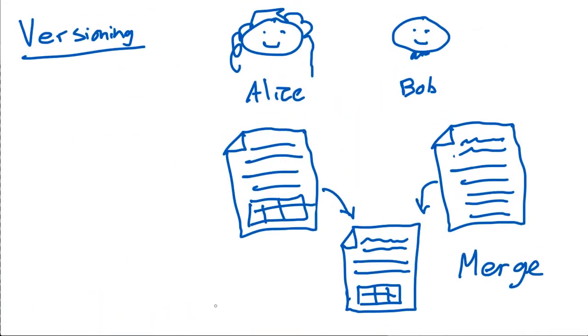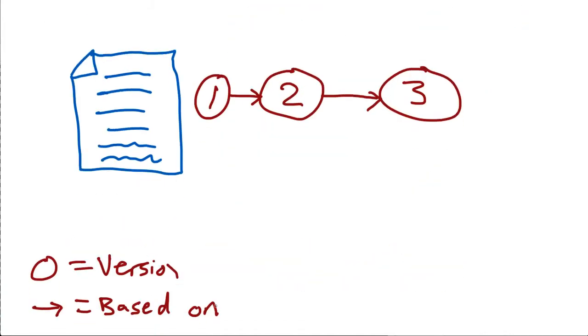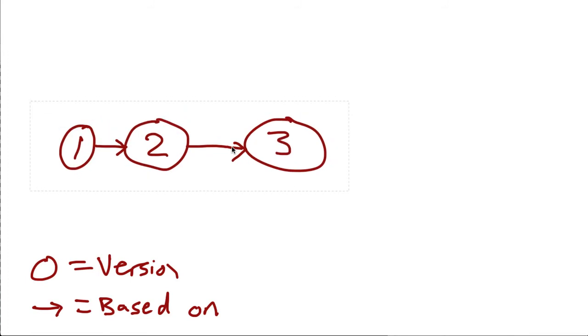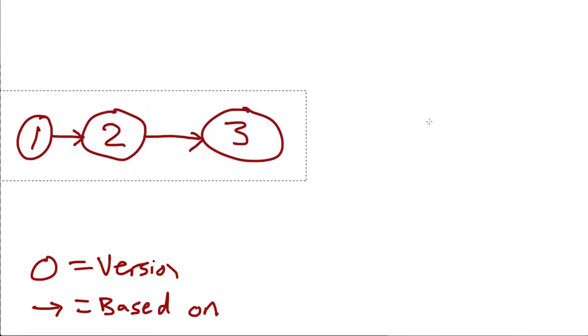So let's return to our situation with Bob and Alice. Let's say that Alice has created her document and she saved it a couple of times and she's ended up with what is version 3, like we've got here. And we need to think about what happens when she sends the document to Bob and they both go making changes. Well, that's going to be version 4, right?